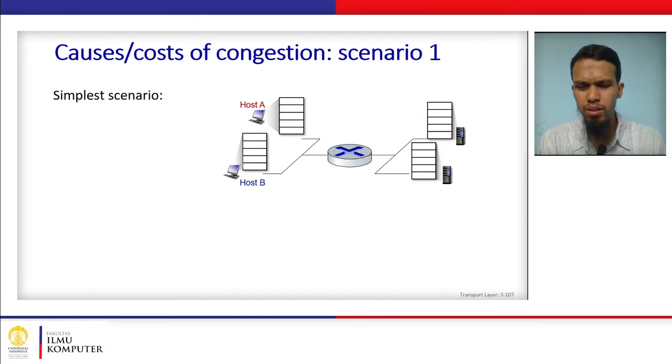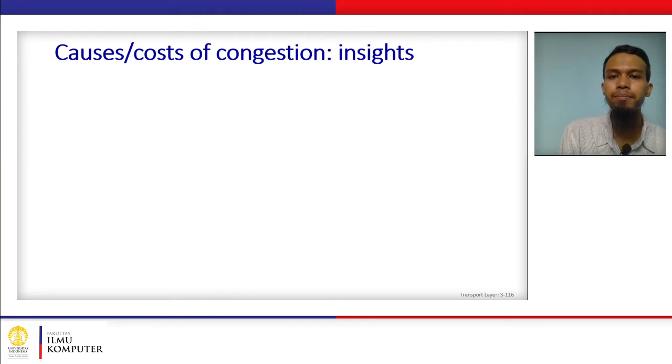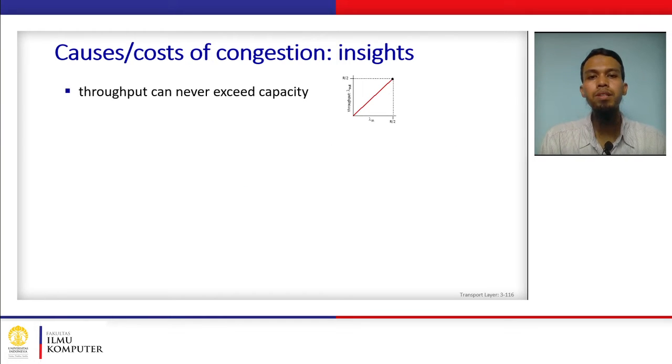So I'm just going to jump to the last part of this section. This is the first thing that we have to understand, the common ground: the throughput can never exceed the capacity. The capacity is like the upper bound in the network, for example, the maximum rate.